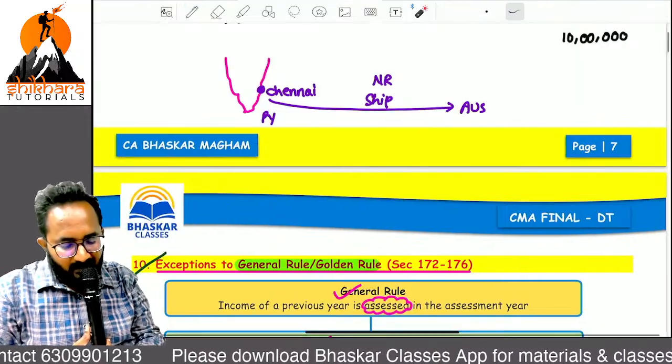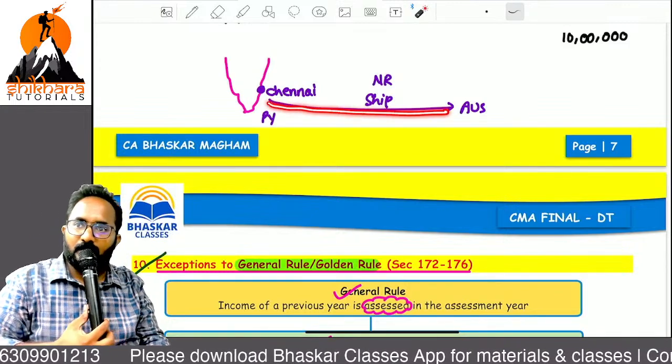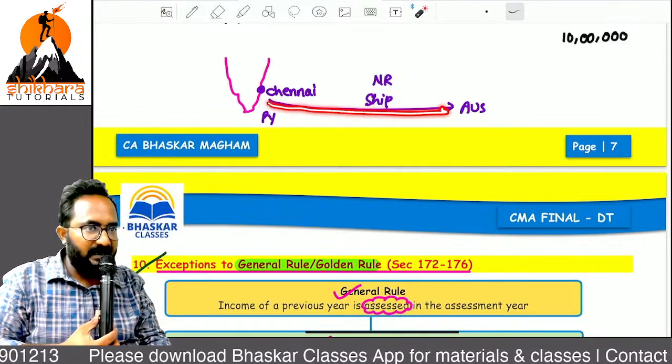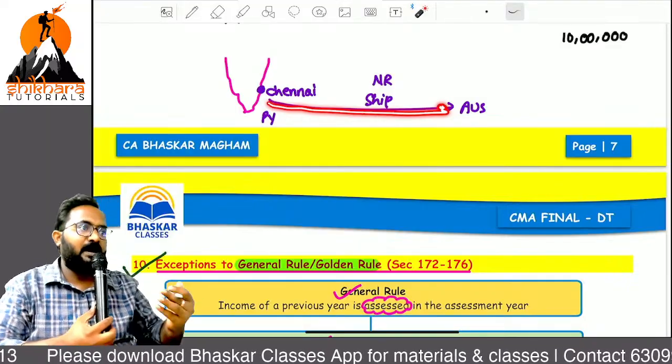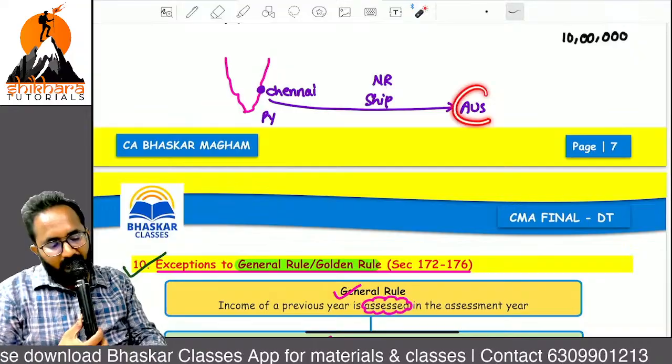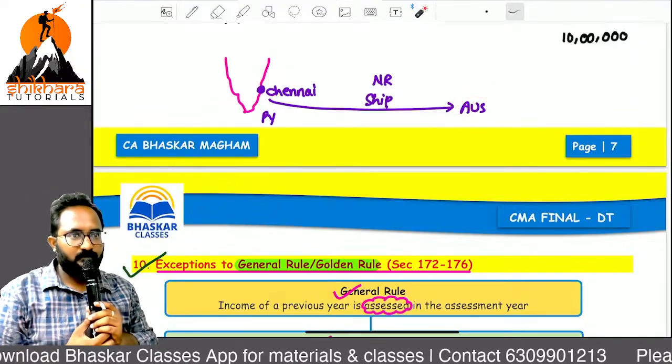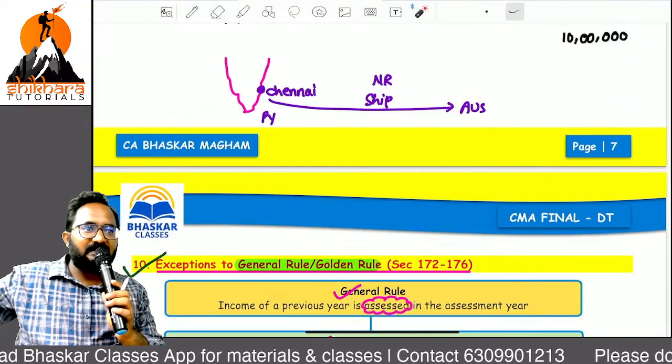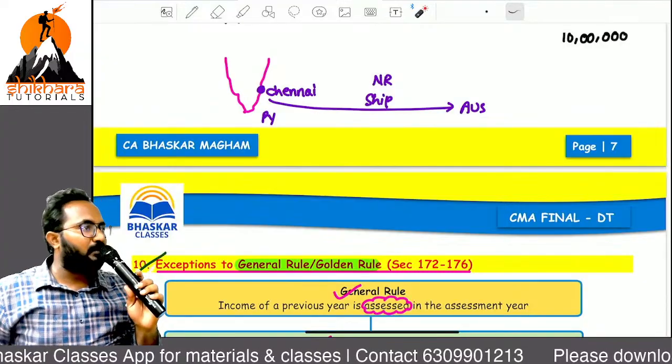During this travel, I need to incur lubricant, staff salary, maintenance, repairs, etc. Finally, I can know my exact income only after reaching the Australian port. How can I pay the tax at the time of departing itself on my income?